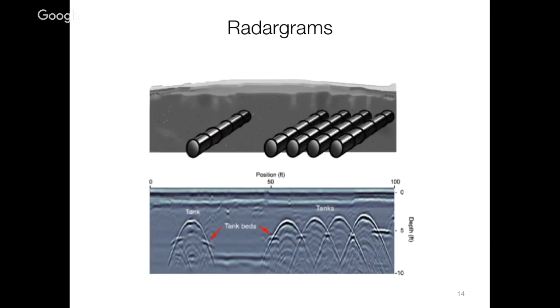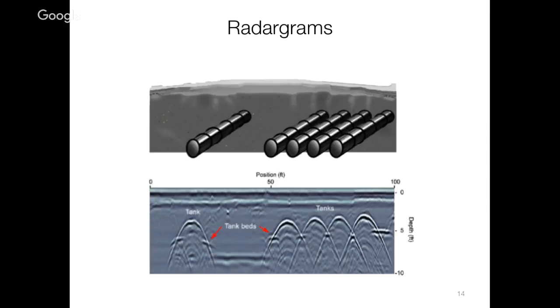So what do radargrams look like? Well, here's an example. Here's some buried tanks, and you just go over and you see images of them. This is why GPR is so easily adopted, because you get an image, you just plot the data, and you can see what your geology is.